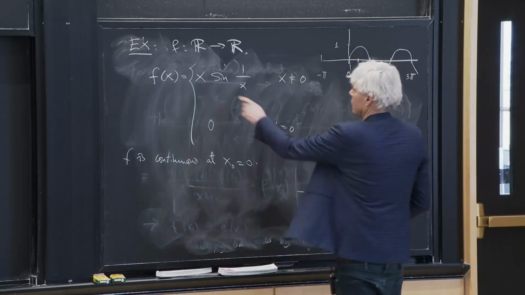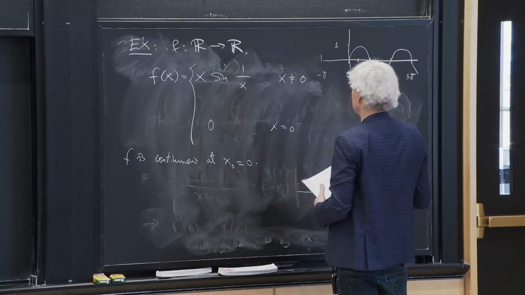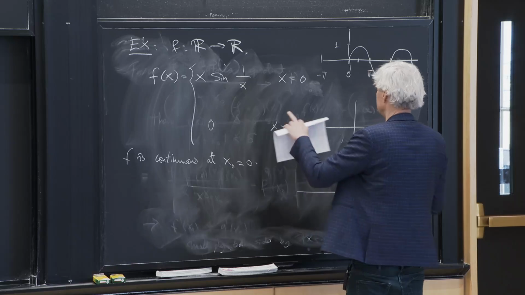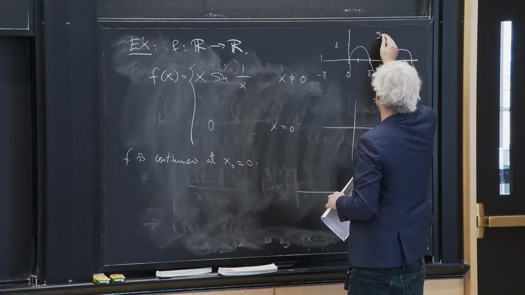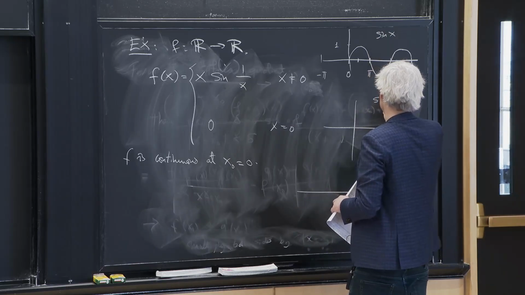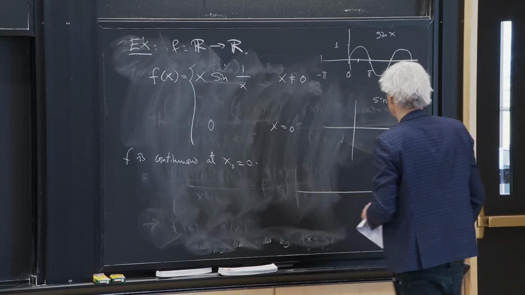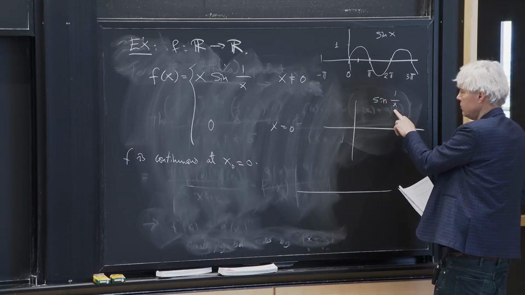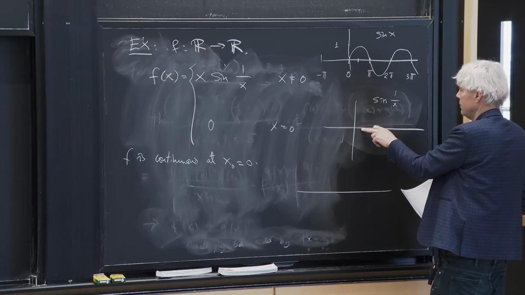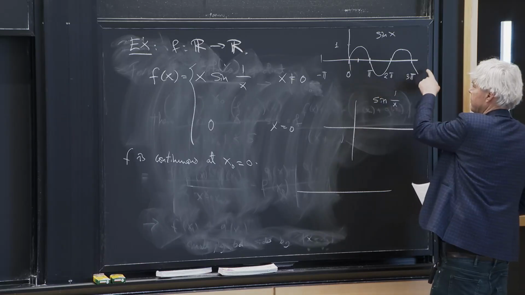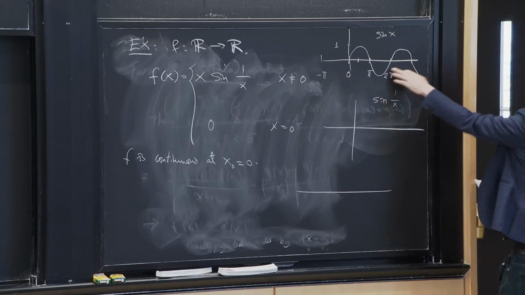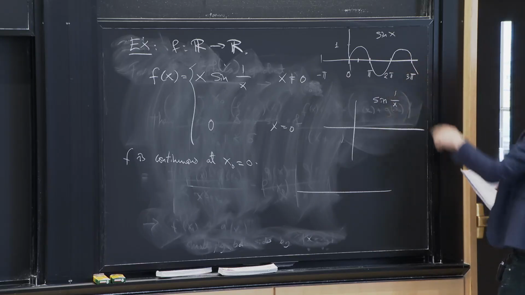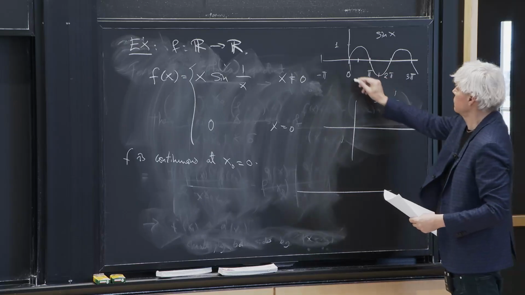And so now if you're looking at sine of 1 over x, this here was sine of x. But for sine of 1 over x, as x goes to 0, 1 over x becomes very large. So this means that as you're going to 0, it goes very rapidly through these periods where it oscillates between -1 and 1. So the value here is -1.